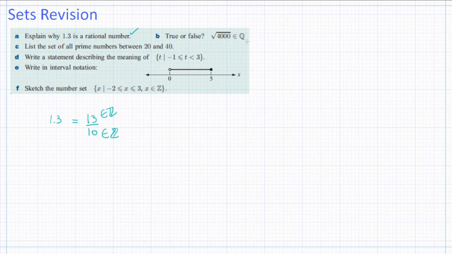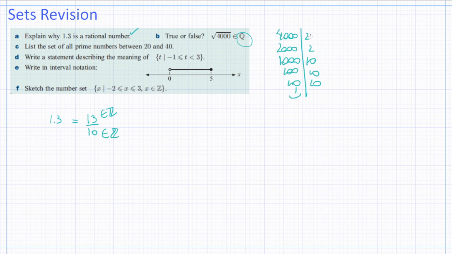Now, root of 4,000, we have to factorize. So 4,000 we can divide by 2, 2,000 by 2, 1,000 by... Now, we can take some larger numbers as well, right? So for example 10, and then I would have 100, and 10 again, and 10.